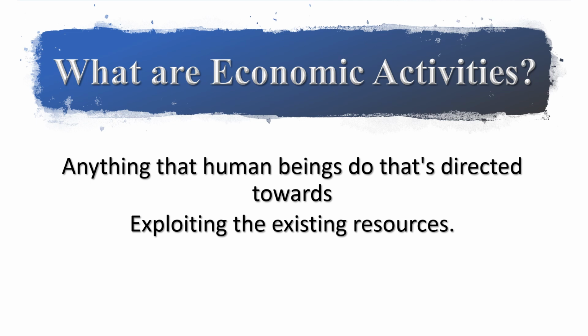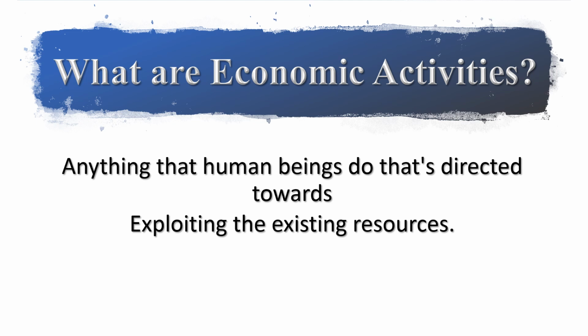Now, anything that we human beings do that is directed towards exploiting the existing resources, whatever we talked about, soil, land, human resource, all that is what we call economic activity.